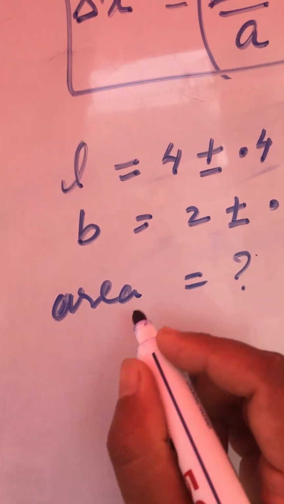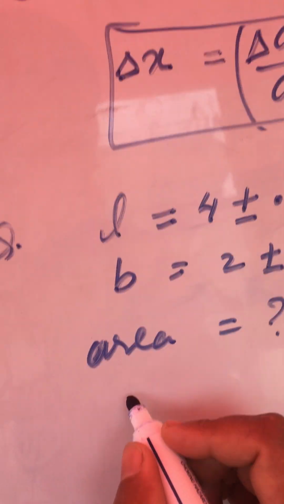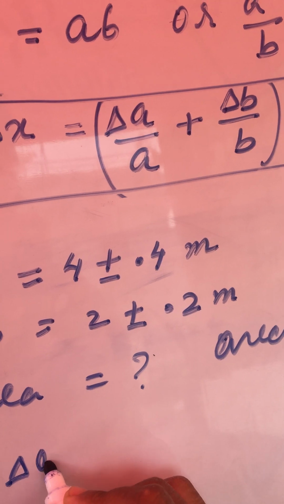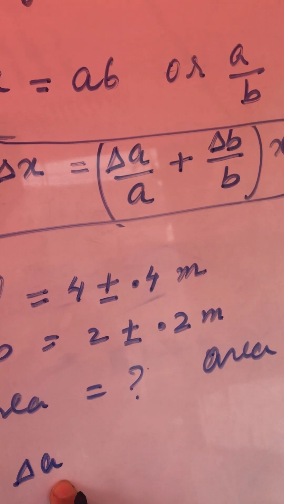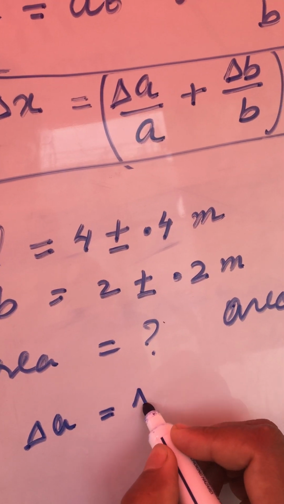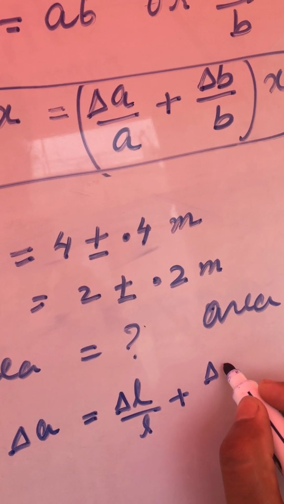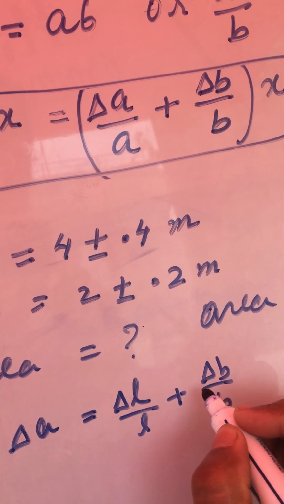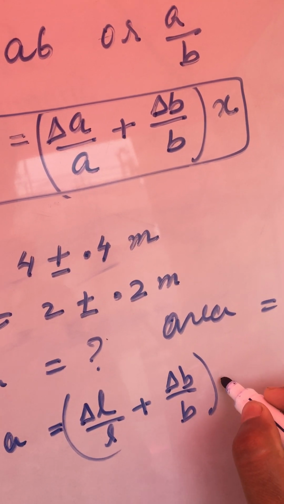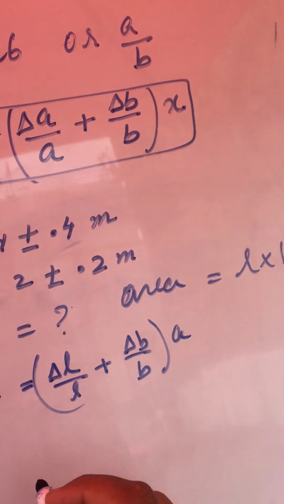Now coming to the error part. Let's call this area. So the formula, what will it be? Delta A in place of delta x, where A stands for area, equals delta L by L plus delta B by B, where L is length and B is breadth.